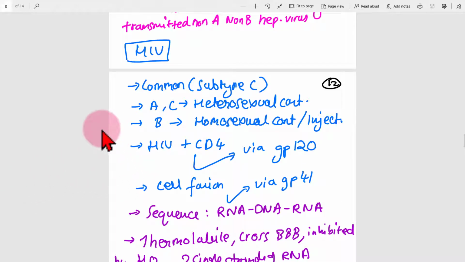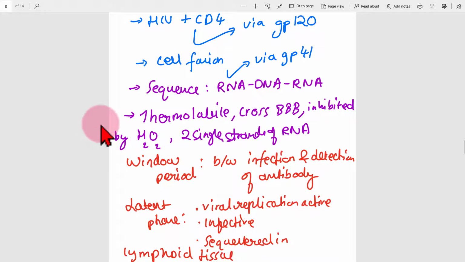The sequence followed in HIV replication is RNA, then DNA, and then again RNA. We need to know that the HIV virus is thermolabile, it crosses the blood-brain barrier, it is inhibited by H2O2, and it has two single strands of RNA.